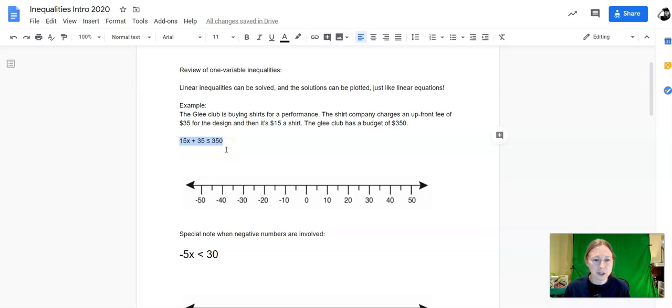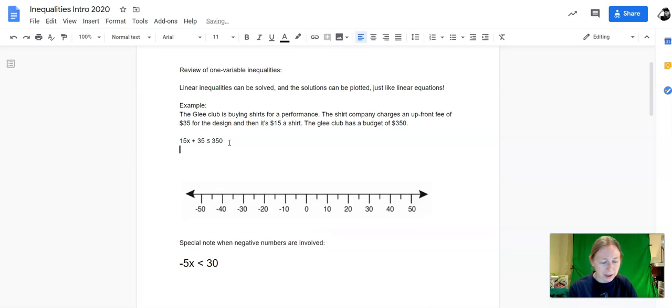So to answer the question of how many shirts we can buy, we can solve this just like we'd solve a linear equation, and then we graph it as a whole set of solutions. First we'd subtract 35 from both sides.